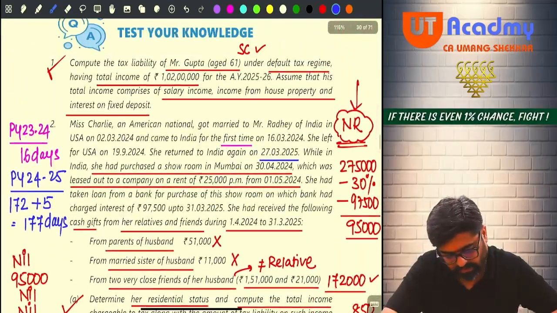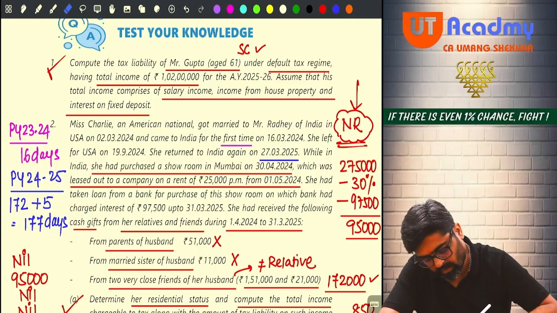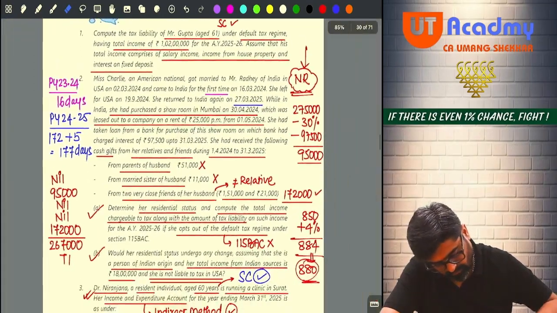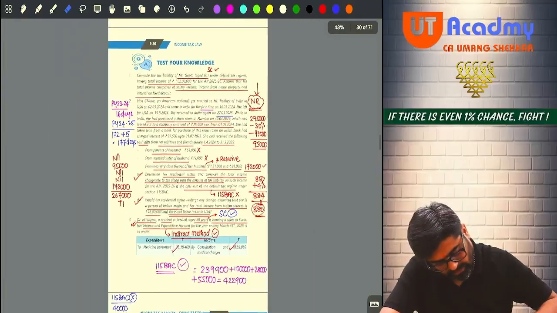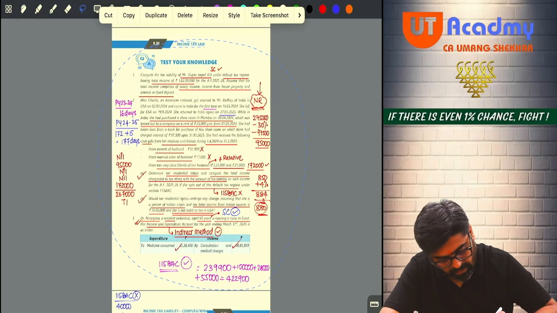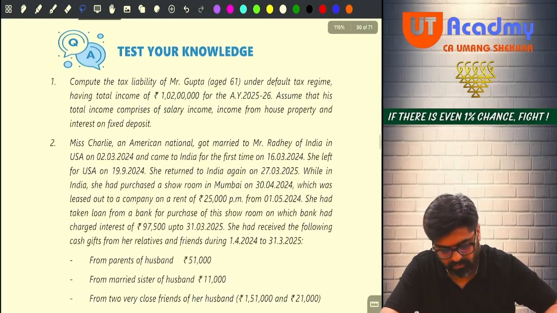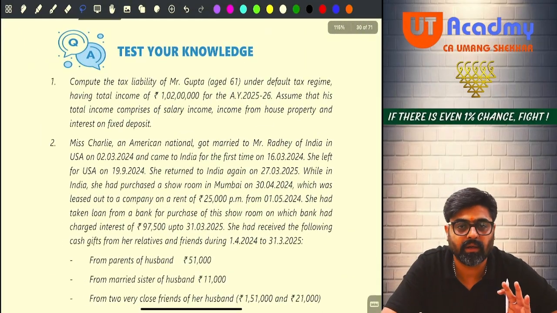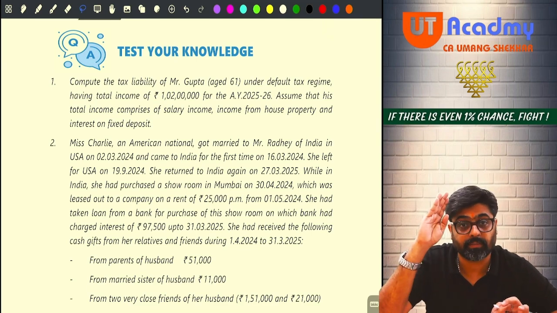Coming to test your knowledge. Question number 1 is there. Can you see question number 1? That entire question number 1, if you remember, we did one concept of marginal relief in the first chapter only.